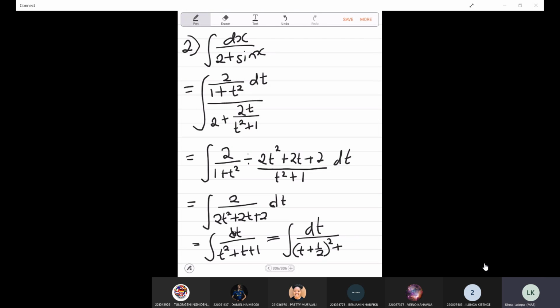plus 3 over 4. Okay, then this is something squared plus 3 over 4, but we know that for tan inverse this has to be a 1, so we can factor out 3 over 4.